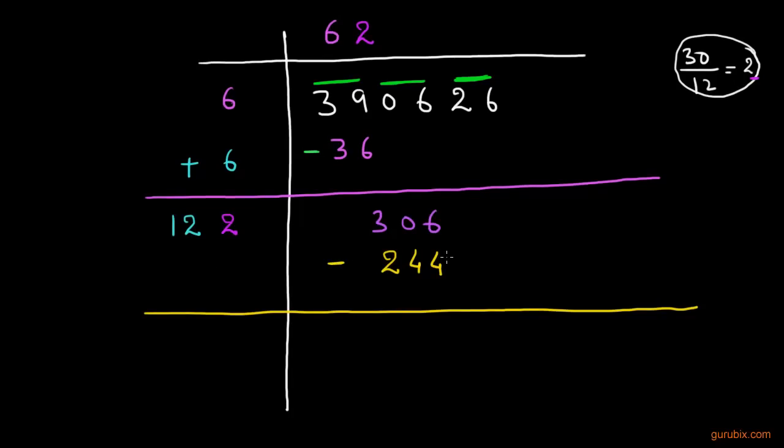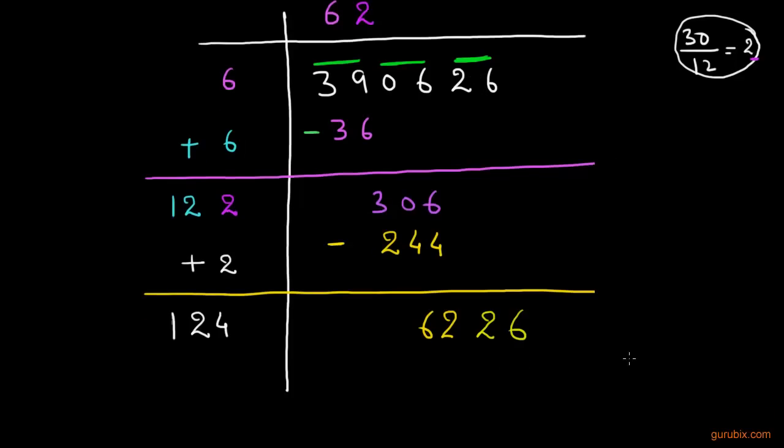Now we subtract 244 from 306 to get 62. Then we add the unit digit of 122, which is 2, so we add 2 here, and we get 124. Our next step is to bring down the next period, 26.